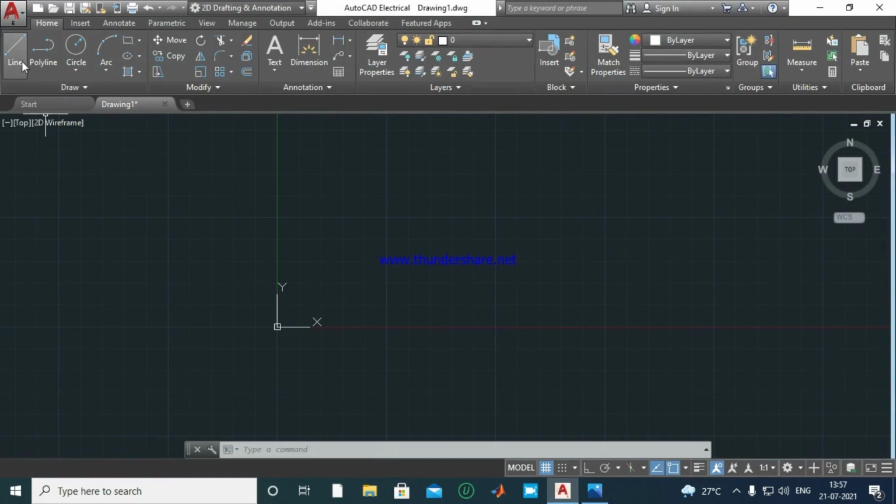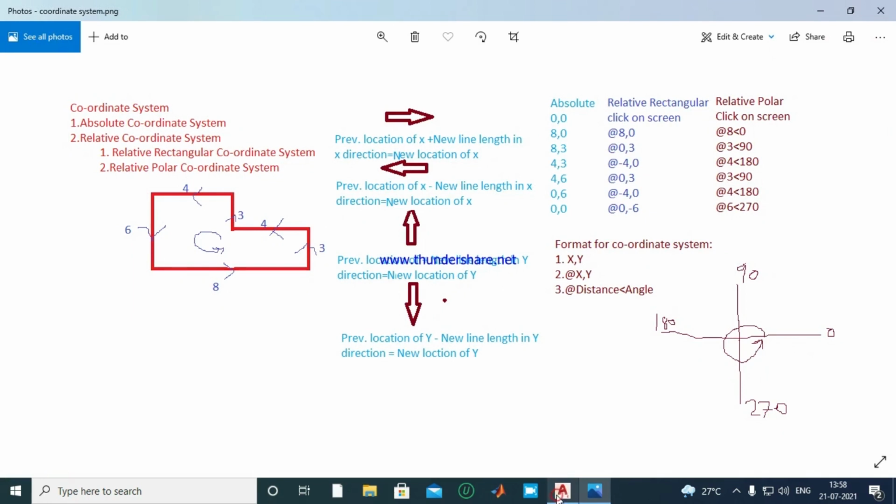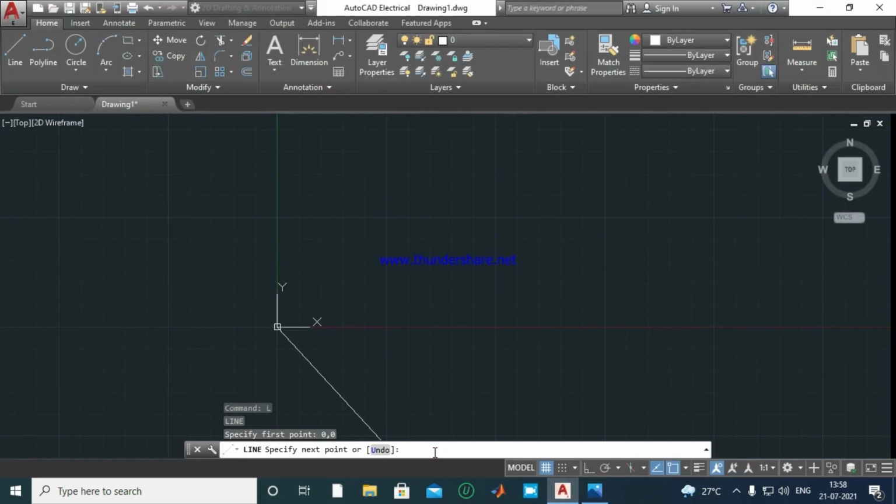I will use the line command. You can click here or else type L and hit enter. Then it will ask for the first point. I feel it is convenient to start from the origin, so I am giving coordinates 0, 0. Now I need to draw a line of length 8 in the x direction, so I will give the coordinates 8, 0.